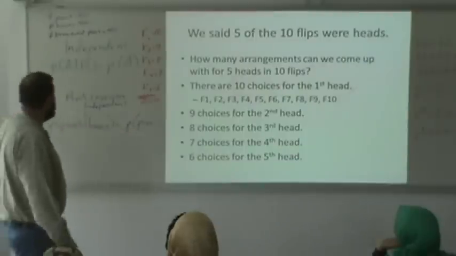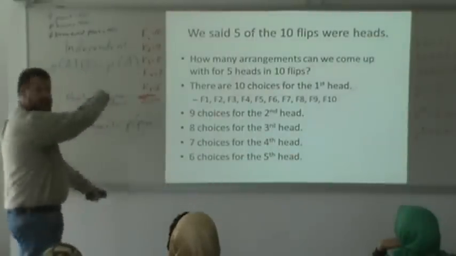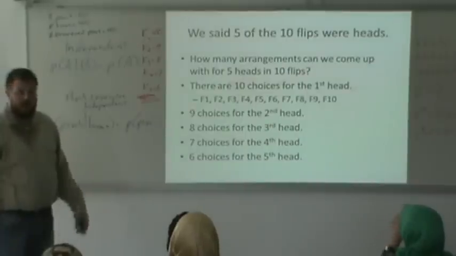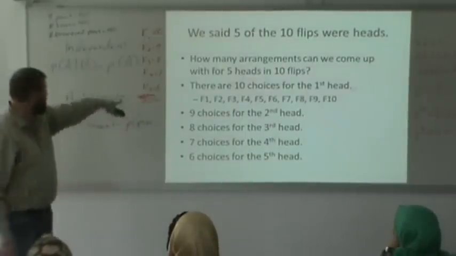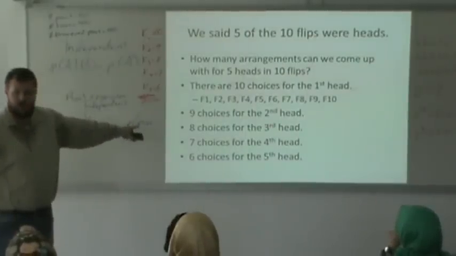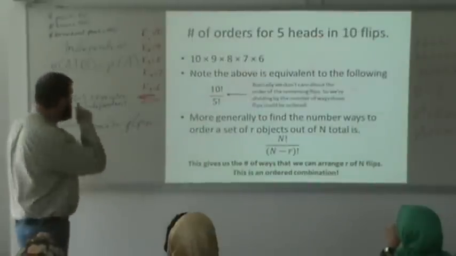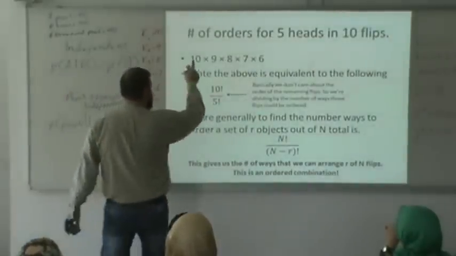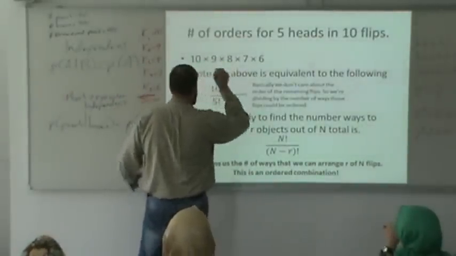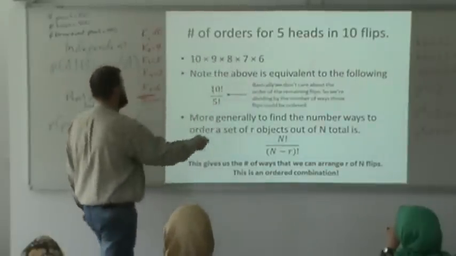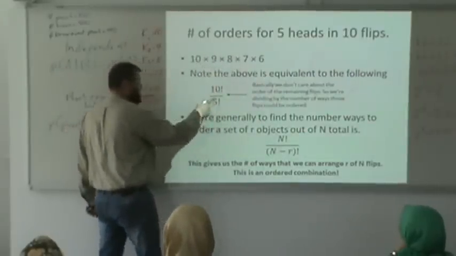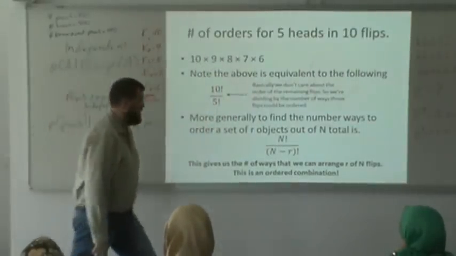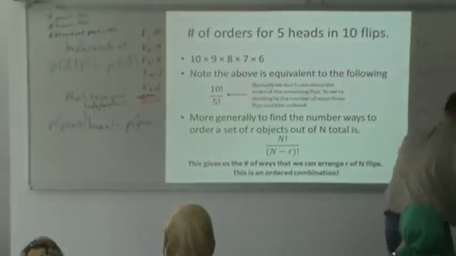Right? Now, this is similar to n factorial, right? Very similar to n factorial, except it doesn't go all the way down to 1 here. It stops. So, we've got 10 times 9 times 8 times 7 times 6. And this is actually equivalent to this. Right? Let's do the math.